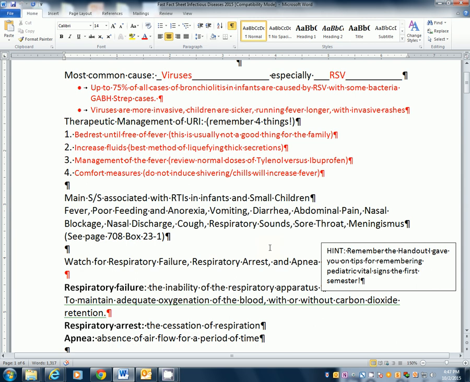In other words, they have the signs and symptoms of meningitis without the actual meningitis infection. So if you look on page 708 on the box, and I may be off here, let's just look, 708, yep. There's the signs and symptoms associated with respiratory tract infections in infants and children, and it goes into each one of these a little more in depth, so you can read over that.